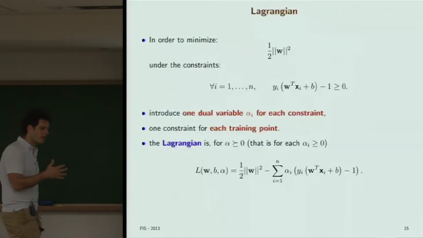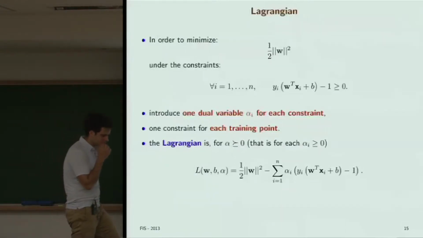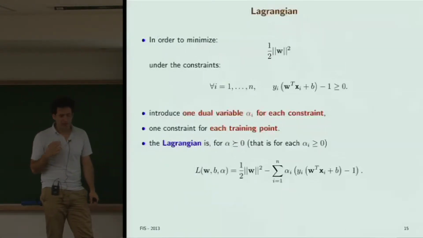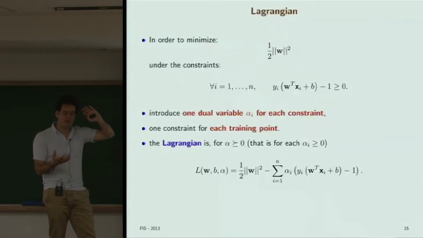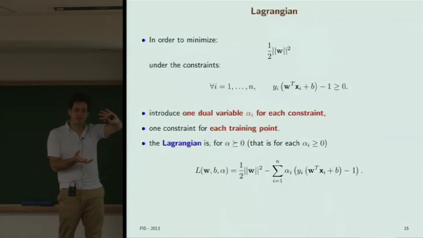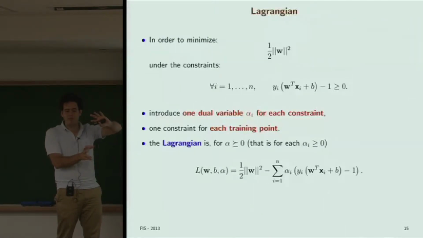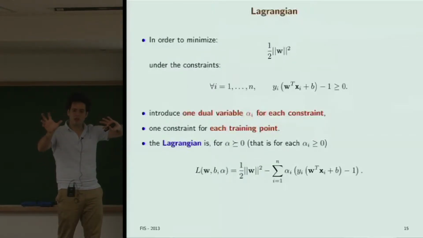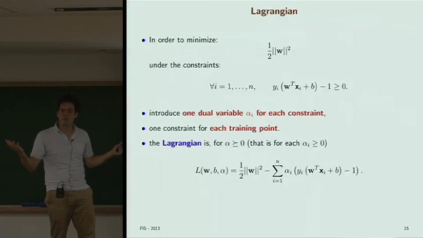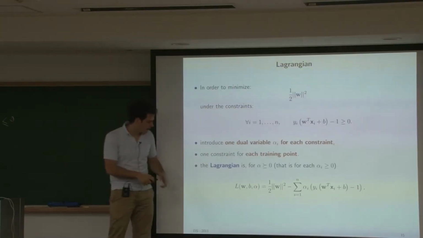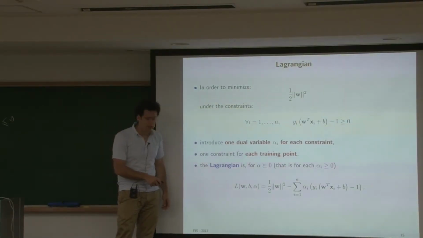Now if you take a more flexible perspective on your problem, instead of demanding that you minimize the objective with all the constraints satisfied, you're going to say, okay, I'm going to mix both the objective and the constraints, and I'm going to weight each constraint violation by a constant alpha i, and I have a new problem defined by W and b and those alpha i's.